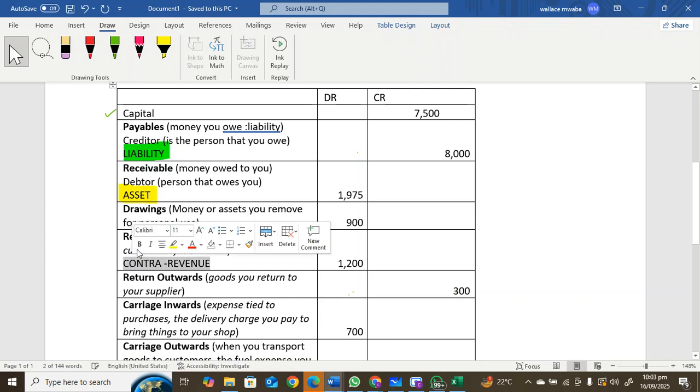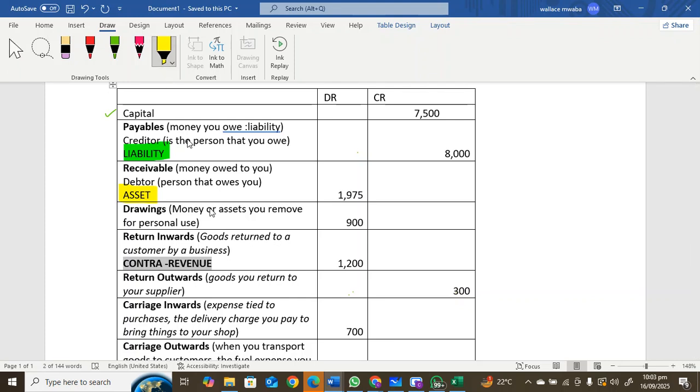This should be the easiest one. Yes, goods bought by a business for resale.